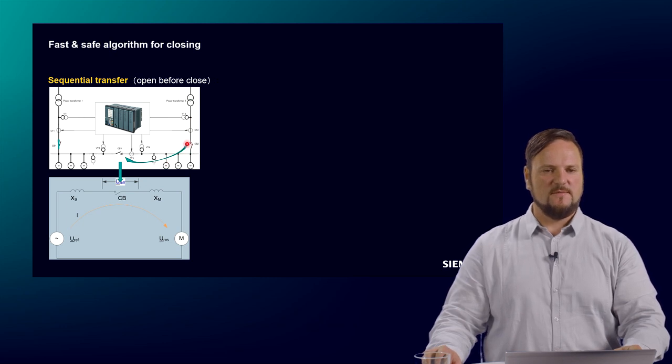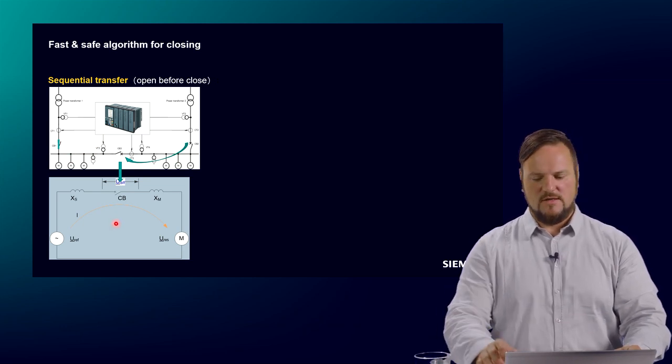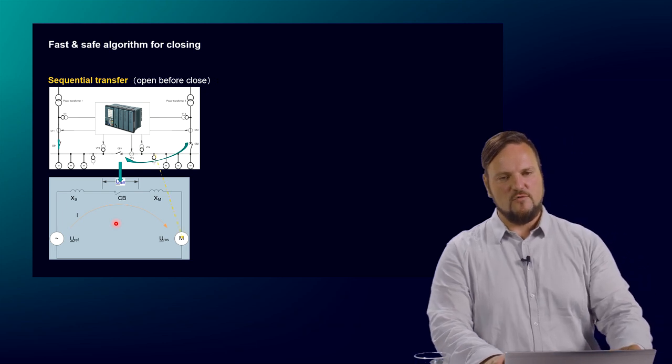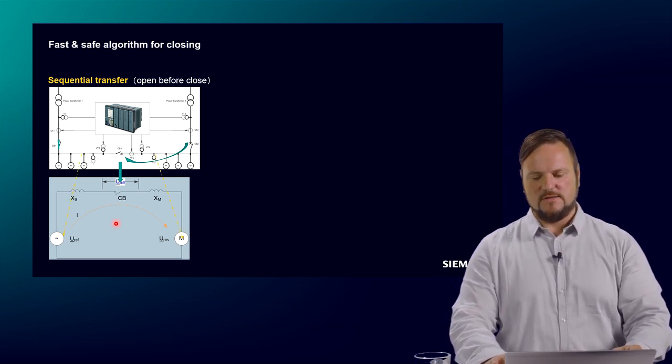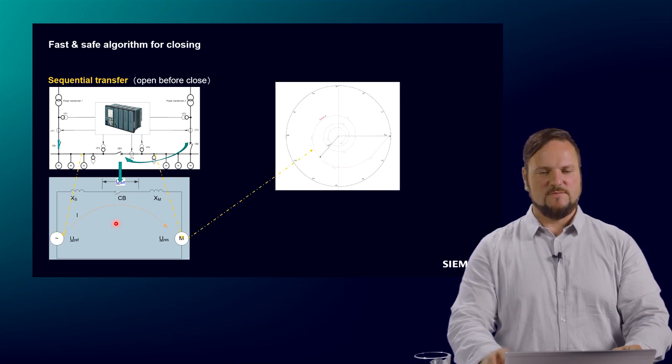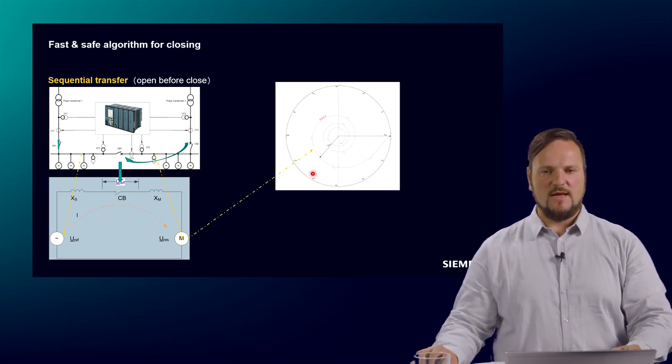In that case, we will have a difference between both because we are closing the breaker, and of course this brings some influence, and this needs to be detected, calculated and distinguished.